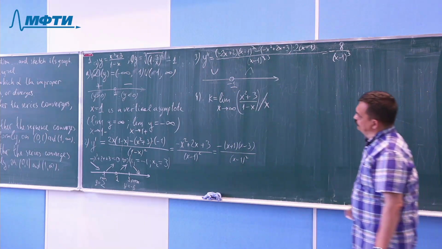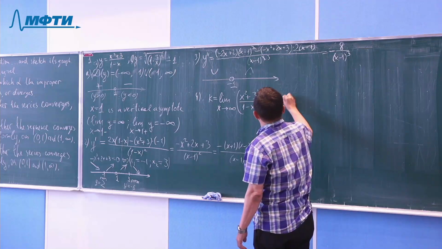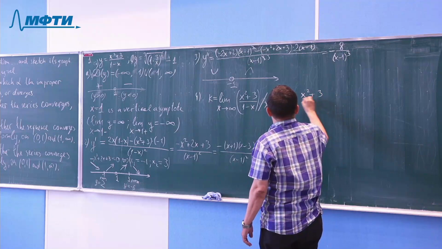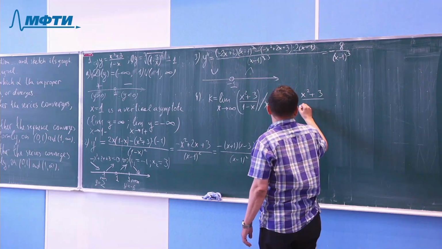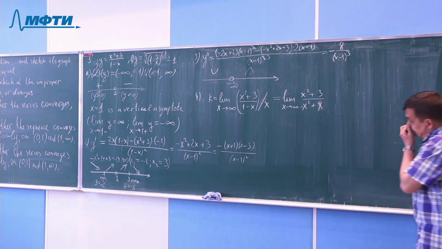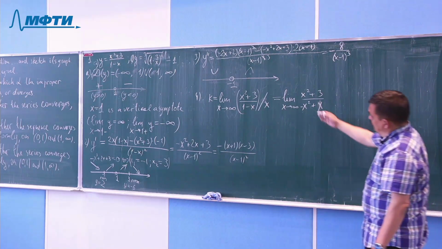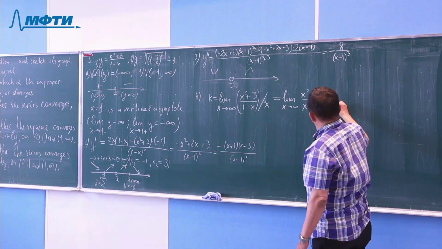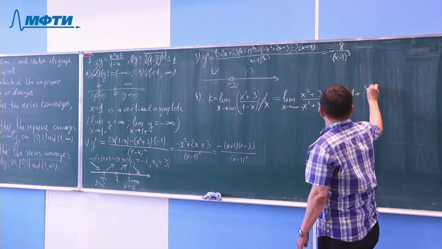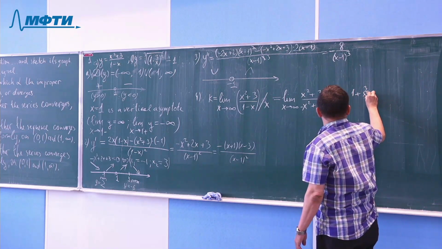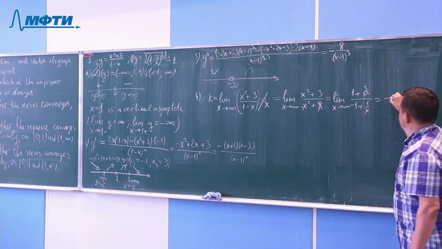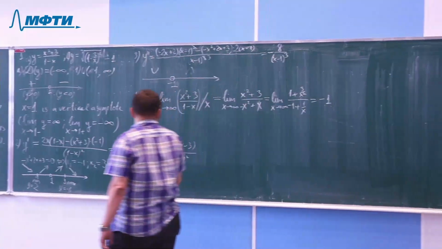And it gives the limit of (x squared plus 3) over (minus x squared plus x). So dividing by x squared, we obtain the limit of (1 plus 3 over x squared) divided by (minus 1 plus 1 over x), and it gives minus 1. So k equals minus 1.